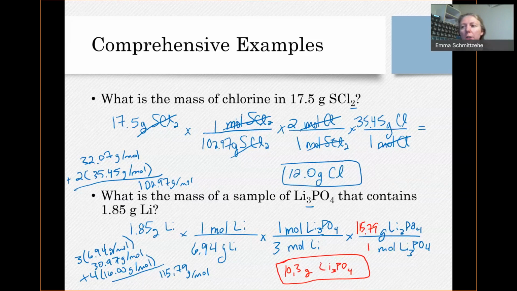So it's not just converting a mass unit to another mass unit, or a volume unit to another volume unit, things like that. You can convert between different types of quantification, so between masses and just amounts of particles, things like that, using all of these different tools that I introduced at the beginning.